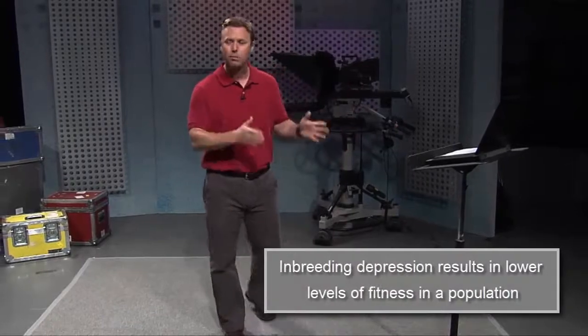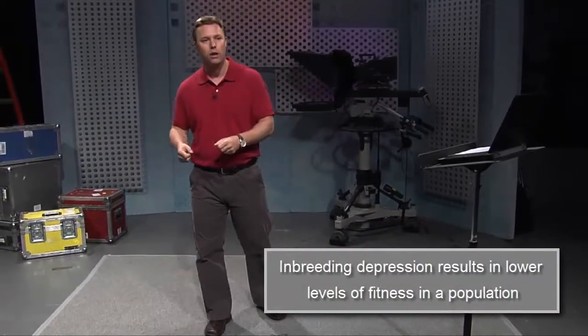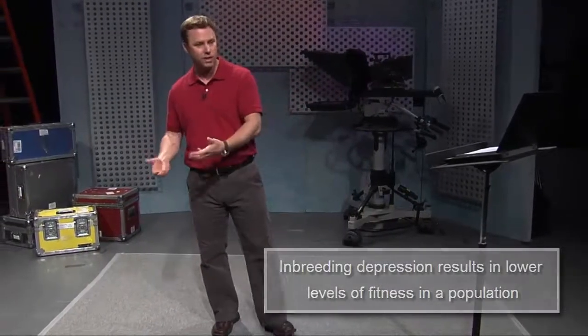So reductions in heterozygosity occur due to inbreeding. Sometimes that has a negative consequence to fitness. We've certainly seen this, and when that happens, we refer to this situation as inbreeding depression. So inbreeding depression results in decreased fitness as a result of inbreeding.